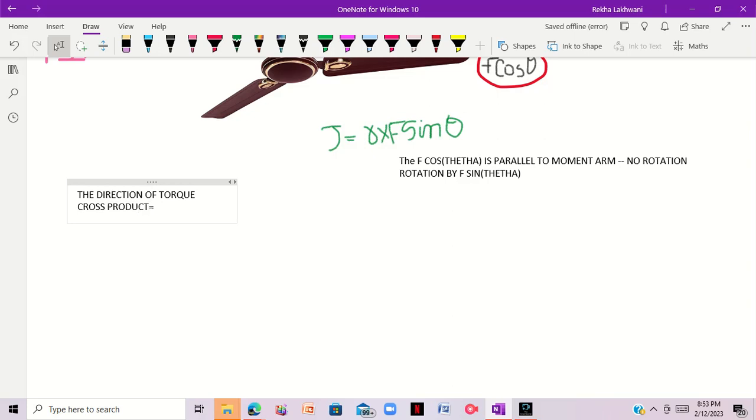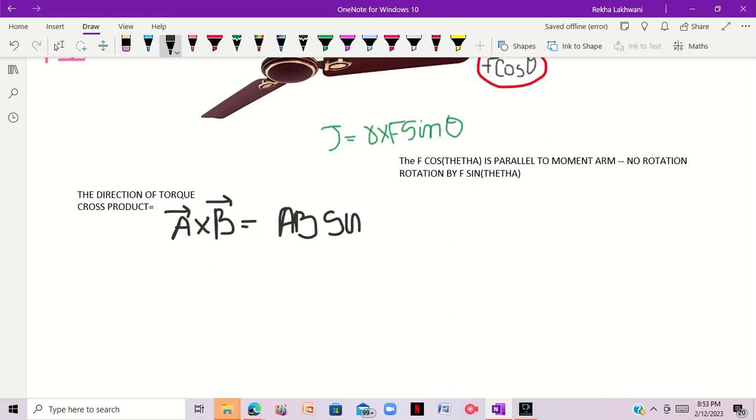Basically, when we cross vector a with vector b, it forms a b sine theta n cap.